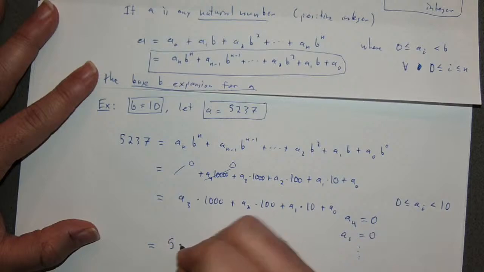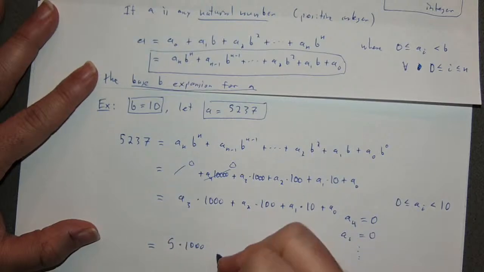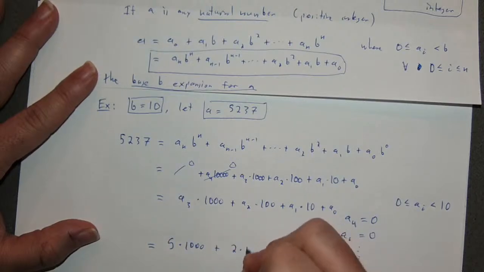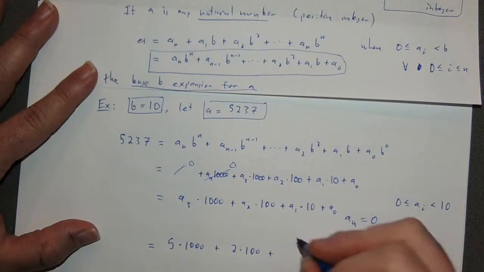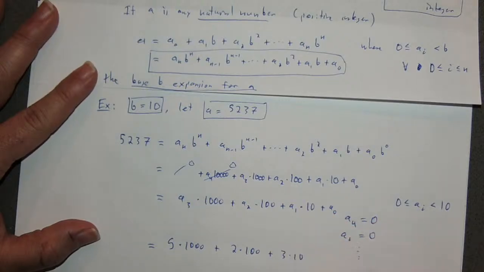Well, this is 5 times 1,000 plus 2 times 100 plus 3 times 10 plus 7. Well, what do you know, right? That's just the digits of this in base 10, right? So the a sub i are the base b digits.